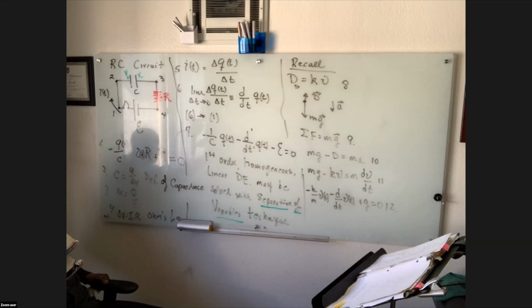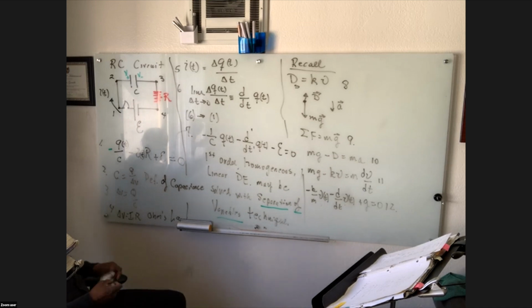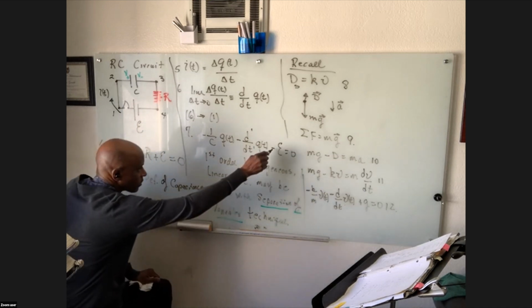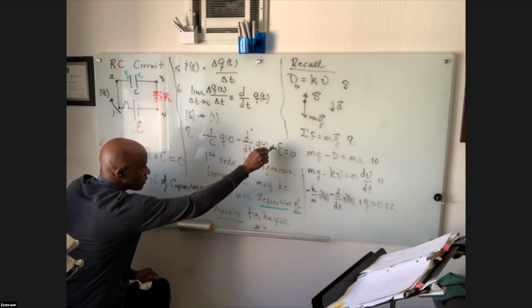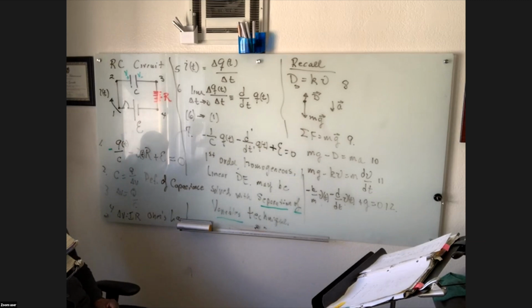And I put a typo in there when I went back. This should have been plus. It was initially, and then I played around with the equation, and when I brought it back over, I dropped that plus sign.